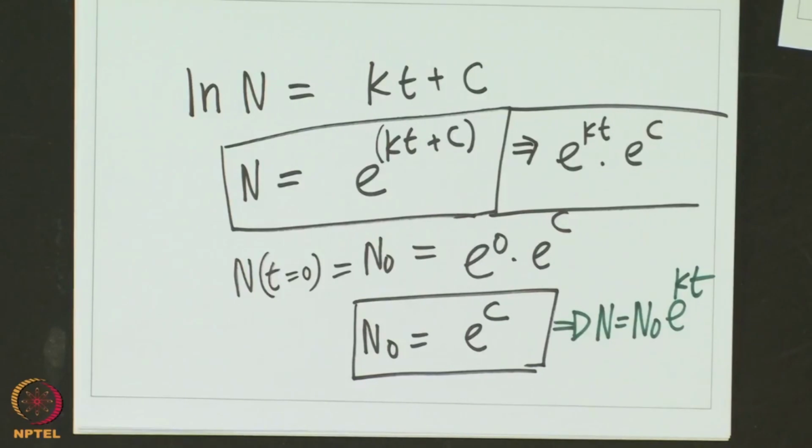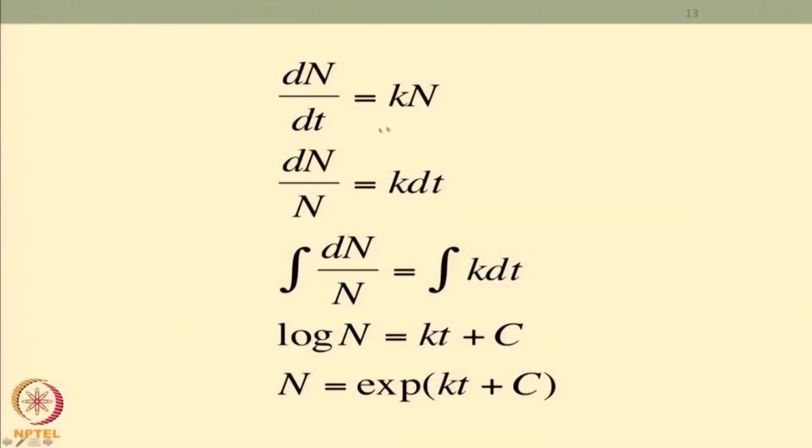So let us see what we have here. We had dn by dt is equal to kn. I take dt that way and n this way, so dn by n is k dt. I can integrate on both sides. This is the integral of 1 over n, and the integral of a constant times dt.